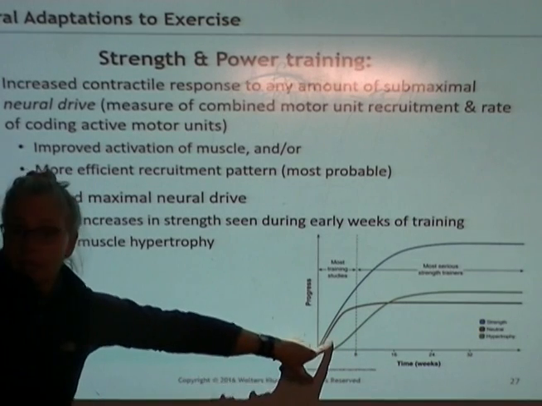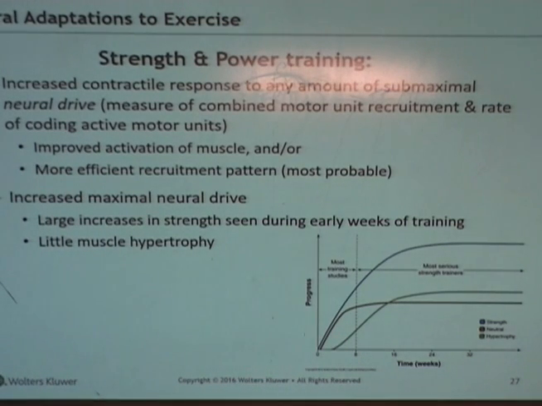So when we look at this graph, okay, the blue line is my improvement in strength, right? The orange line is the change in neural factors, and the green line is hypertrophy, increase in size.